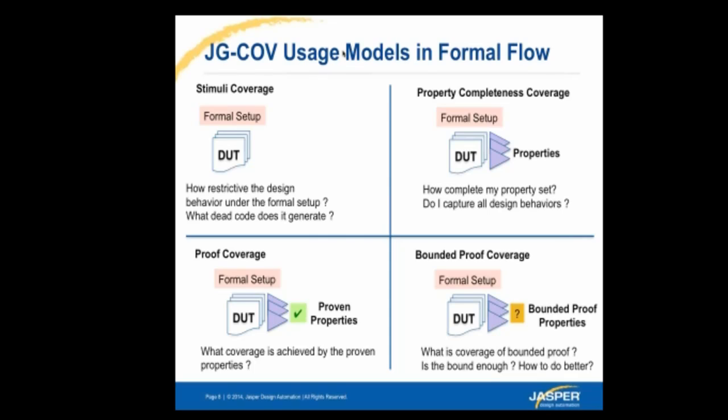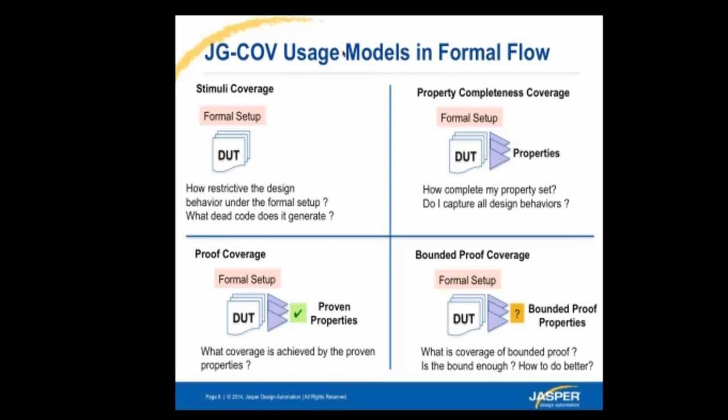I want to know how restrictive my design behavior is under the formal setup. What code is dead, and where does dead code exist in the design? I want to know how restrictive my environment is, whether I'm over-constraining my design, and such.